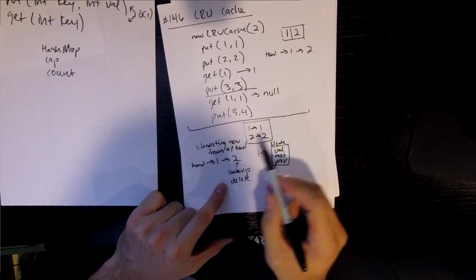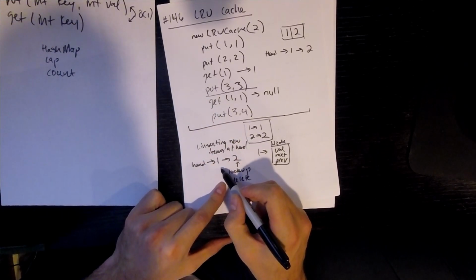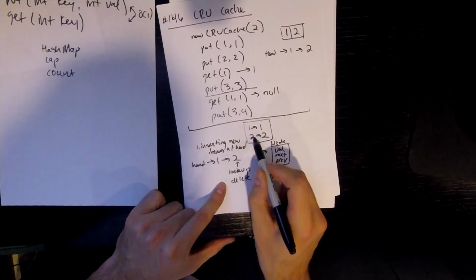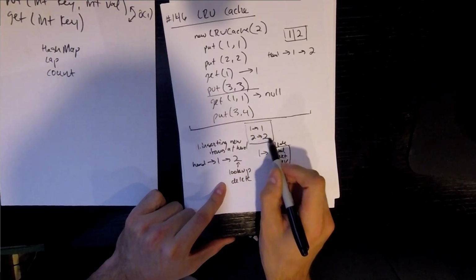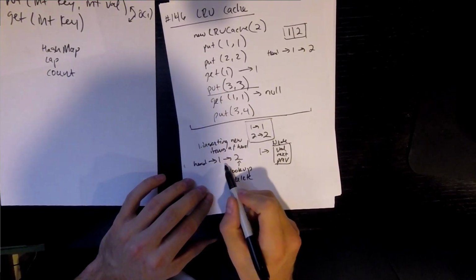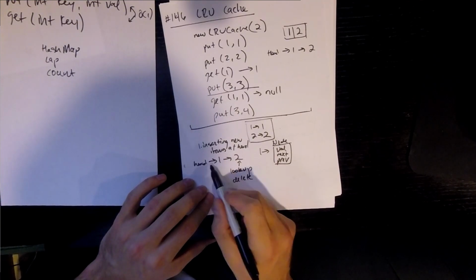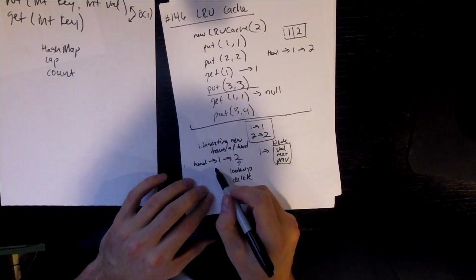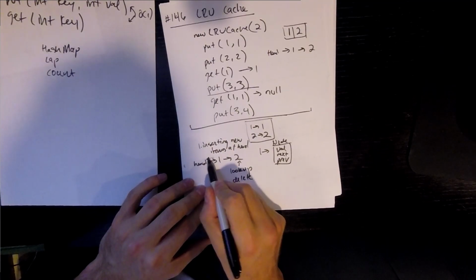But say we wanted to remove 1, we would find it in the hash map, we would find the node, and if it was singly linked, we'd be able to remove it, but it would also halve the list basically. So say we had a doubly linked list.